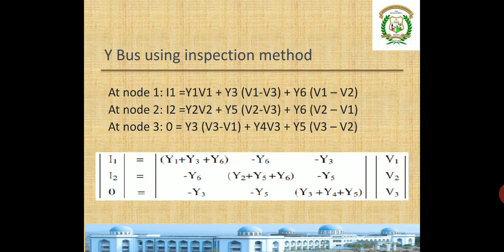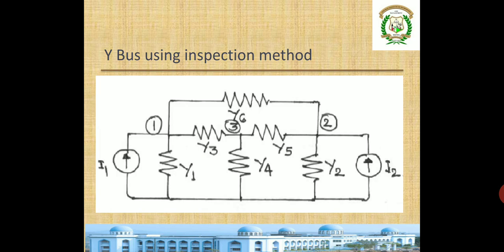How many nodes are there, that many rows and that many columns will be there, and these nodes are nothing but the nodes excluding reference node. So by seeing this figure, there are total 4 nodes including reference node, but the size of the admittance matrix is 3 cross 3 because one is reference node.